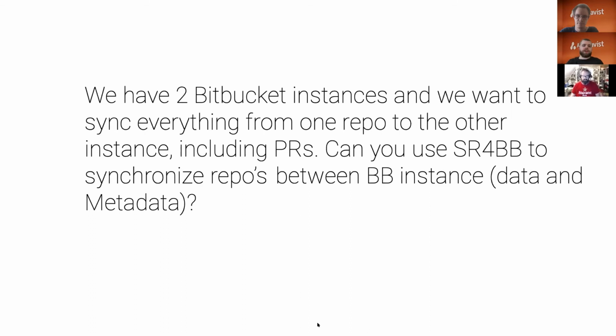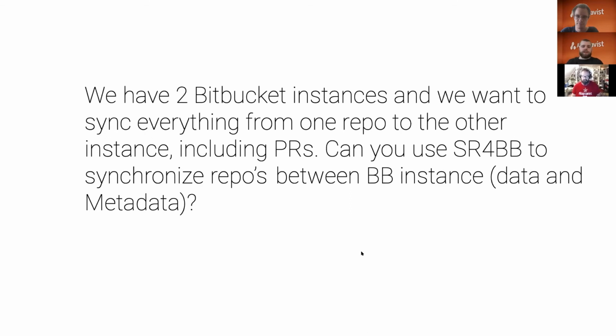What this question then goes on to talk about is metadata, so stuff like pull requests, which may exist in a remote repository. And there's nothing built into the products to facilitate that. But as we've answered with other questions, there are features which you could leverage to implement something like this. There's complicating factors. So for the simple case of I have 2 Bitbucket server instances, I could start off by setting up mirroring. That would give me a read-only clone of a remote repository.